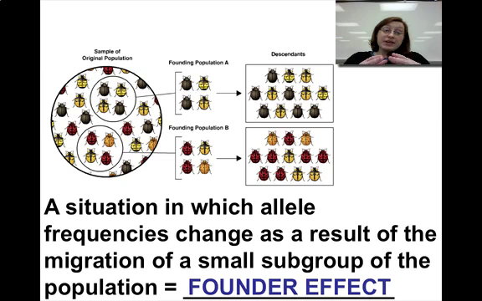Because of that, that founding population dictates the allele frequencies of the coming generations. So what we're going to do in class is an activity so you can see how allele frequencies can change over time. They can change due to natural selection, as well as due to variations in small populations, for example, genetic drift that results in the founder effect.